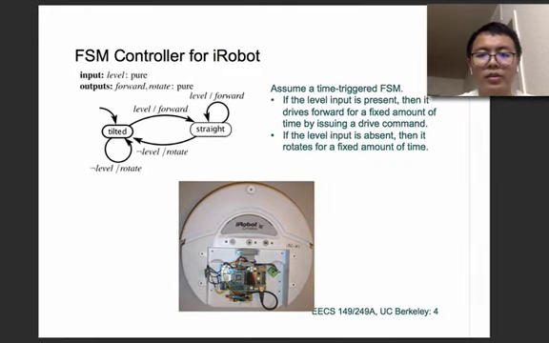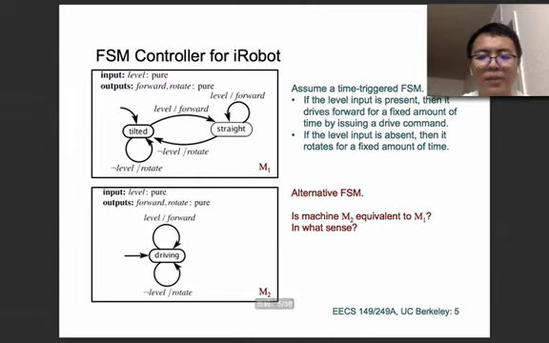Okay, and right now, suppose there is another state machine in the below position, and what it says is that it only has one single state, a driving state.